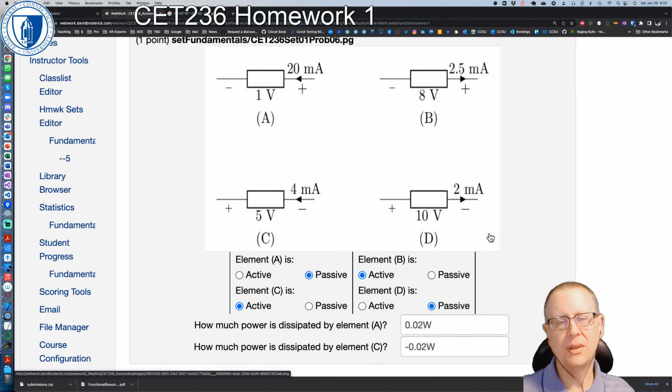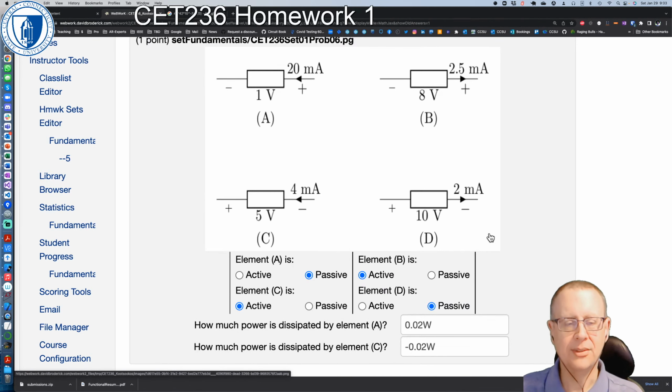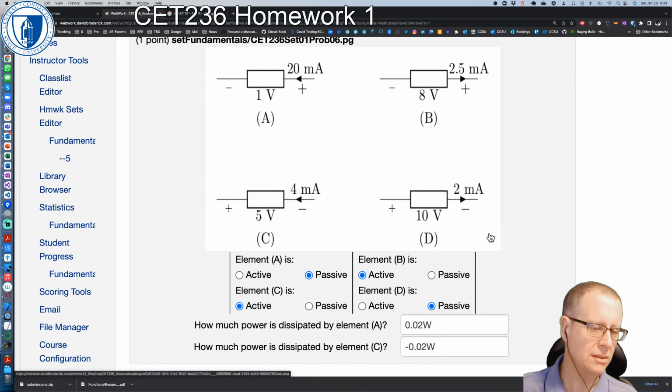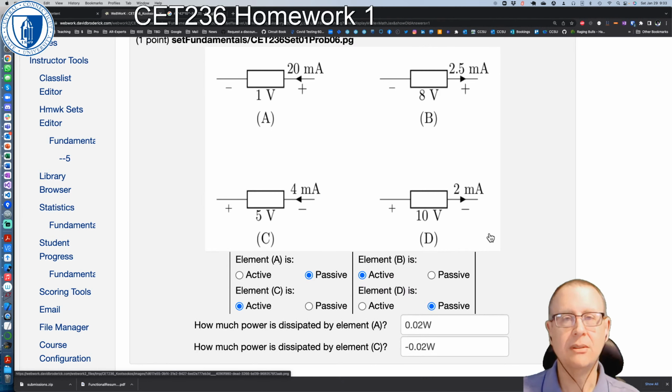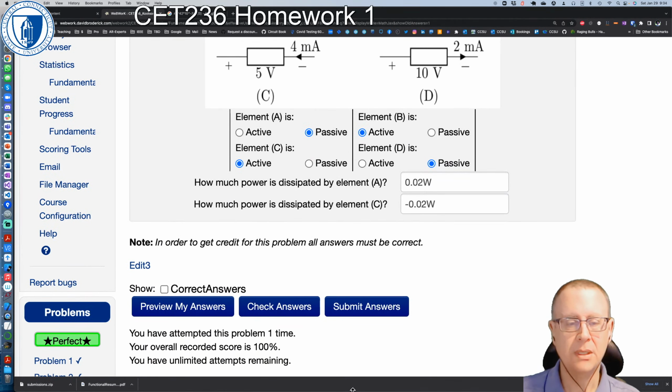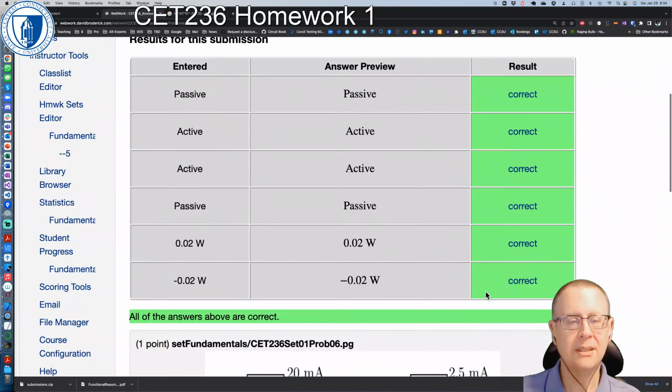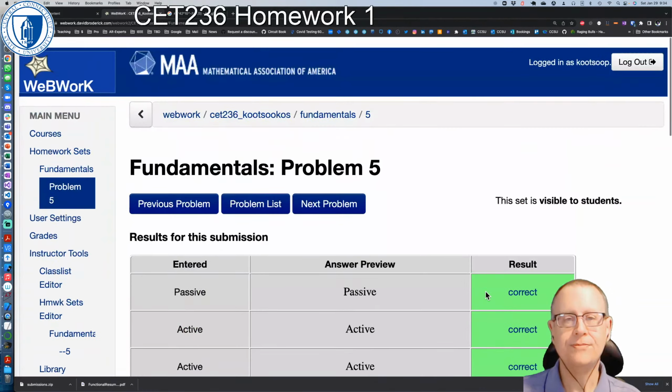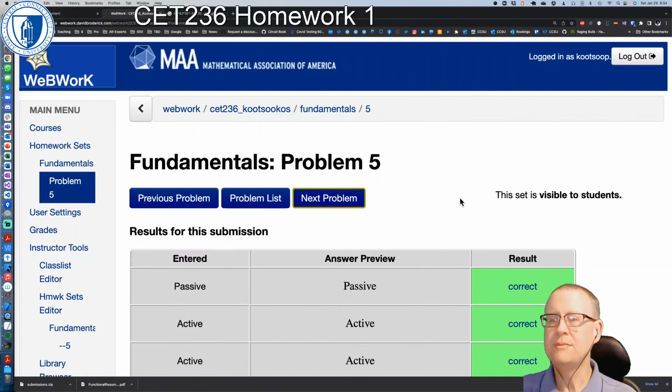In this case, it's 5 times 4 by 10 to the minus 3 to get us minus 0.02. I'm not going to draw that one out, I can just talk through it. Let's just submit the answers and check everything's correct. Yep, we're all good. So next problem.